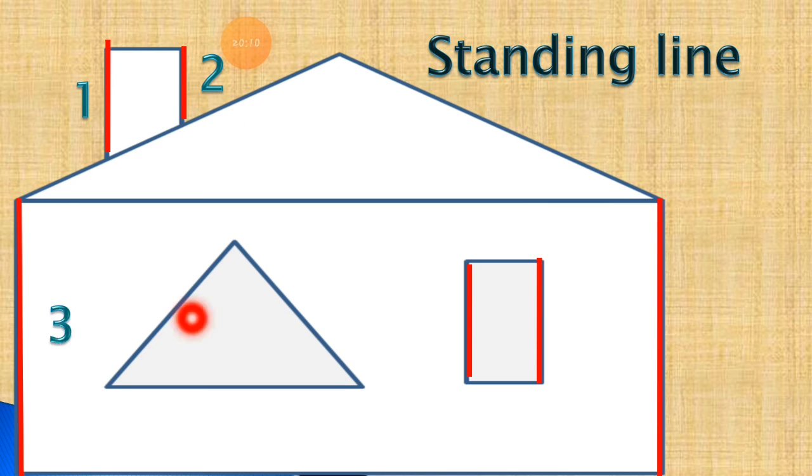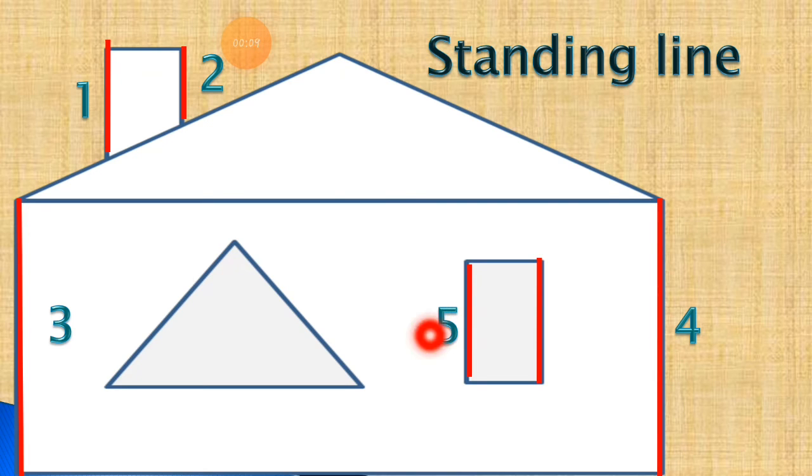This one is the third standing line. I also overwrite it with the red line. Then here is the fourth one outside it, the standing line number 4.